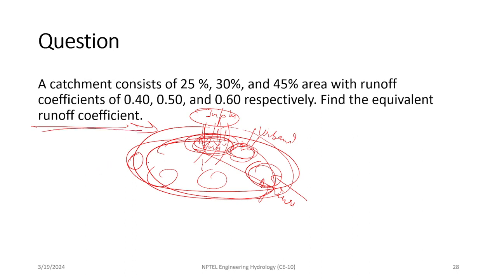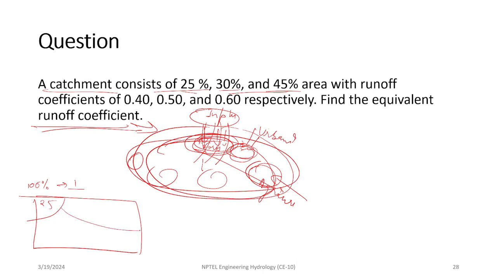Here it is mentioned that there is one catchment, and you can assume it as 100%, so that could be regarded as 1. Now this catchment is divided into three major sectors: 25%, 30%, and 45%. So this is 25%, this is somewhat 30%, and the remaining part is 45%.